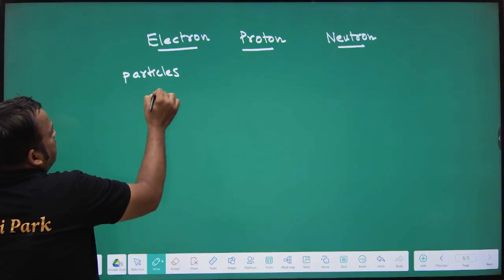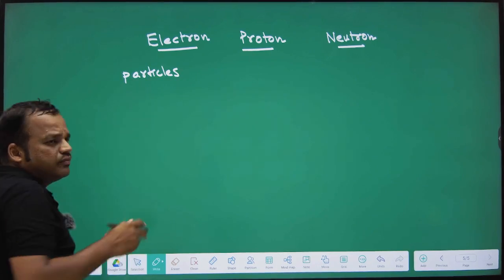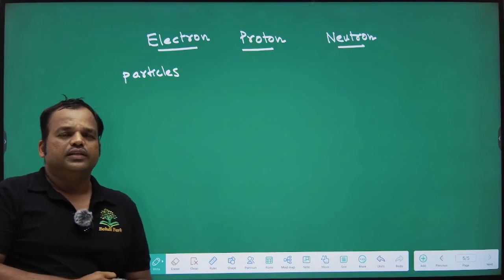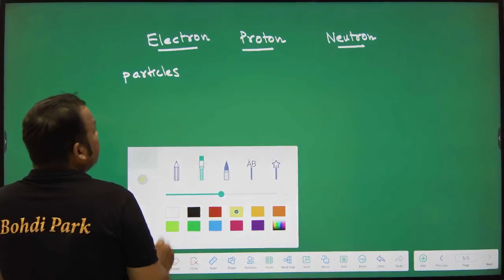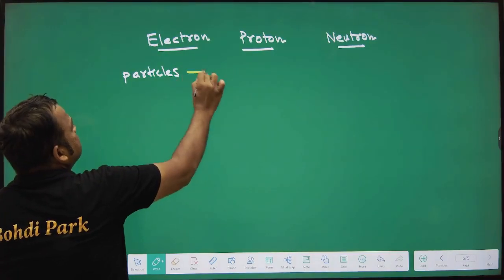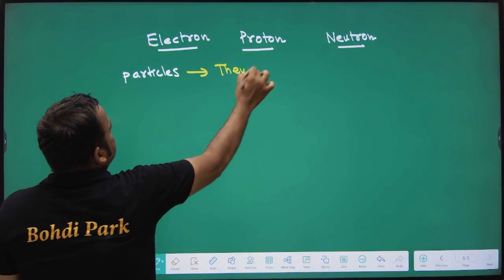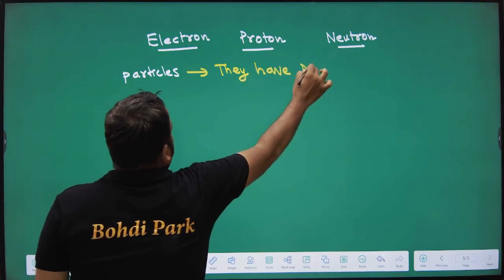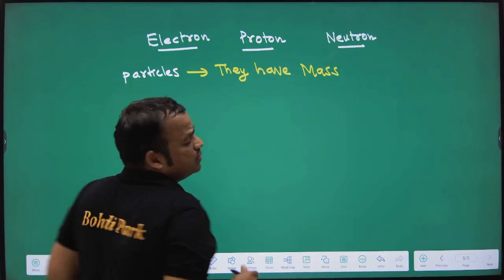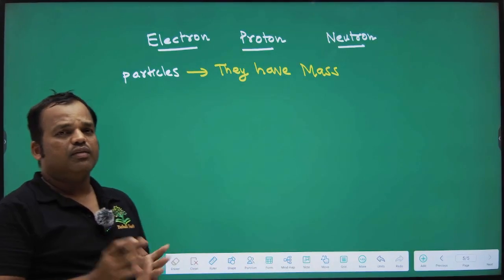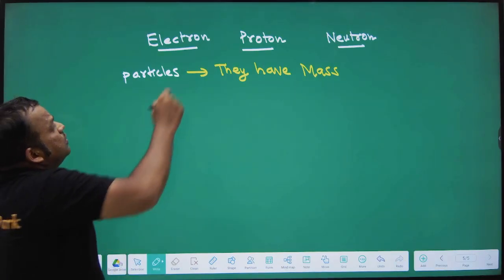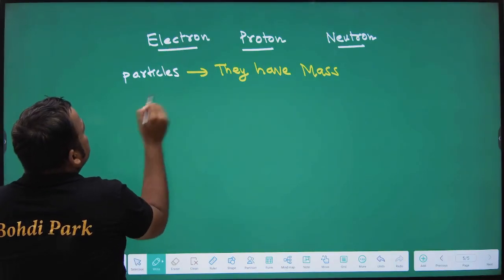Some people call them elementary particles. Particles means they have mass, so they are made up of matter. So let's write their masses first of all.